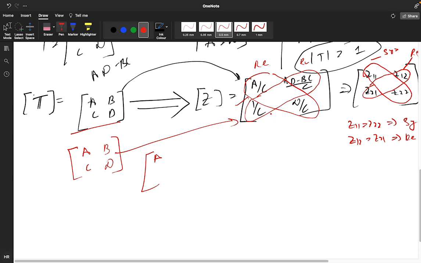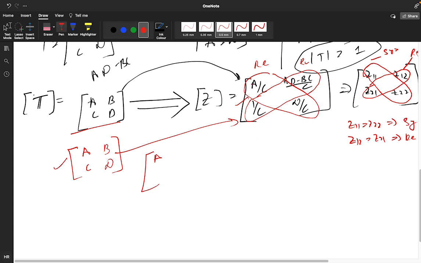If you are given the transmission parameter directly, it takes time to convert it into the Z parameter and then check whether these ratios are the same. So we directly form one result. A by C is equal to D by C. Means in a transmission network, if A is equal to D, then the network is symmetric.